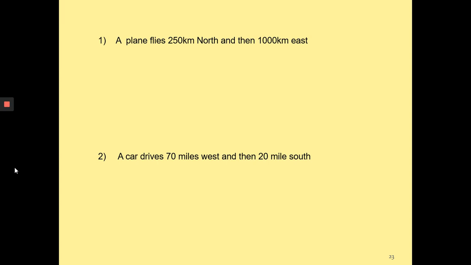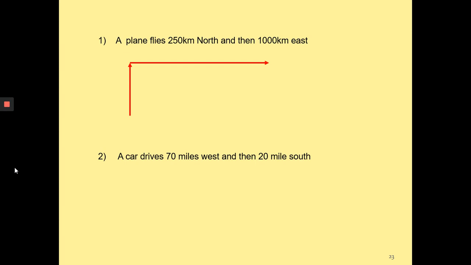Right, so let's go through the answers. So my first one, a plane is flying 250 kilometers north and then 1,000 kilometers east. So I need to draw a line up on my page. I need to draw a line to the right of my page, and that line there needs to be 4 times longer than the original, because it was 250 kilometers and then 1,000 kilometers.